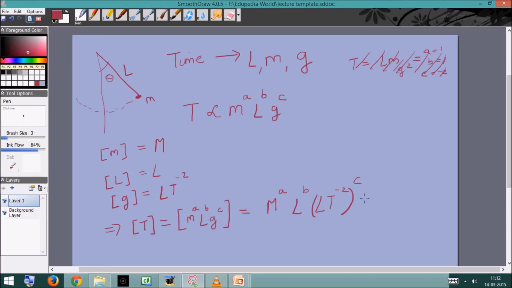We can write this more neatly as M to the power of a, L to the power of b plus c, and T to the power of minus 2c.